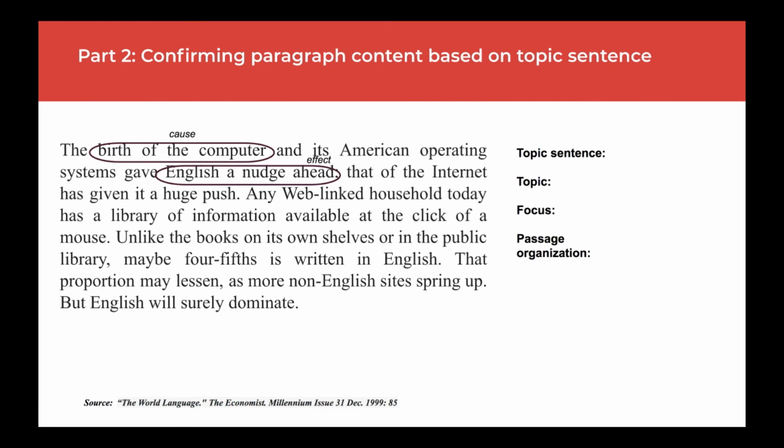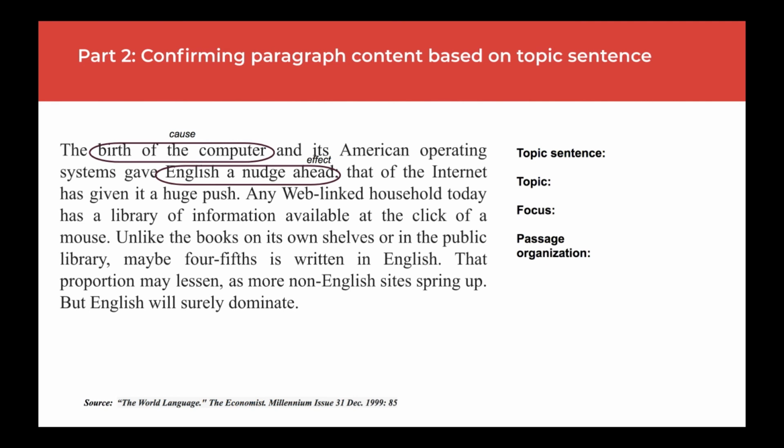So it's a cause-effect relationship, and we expect that the rest of the paragraph will explain in more detail how that cause, what about the birth of the computer, what about the American operating system, gave English a nudge ahead. If you read further, you will be able to confirm this.